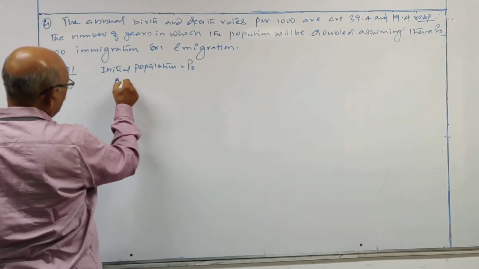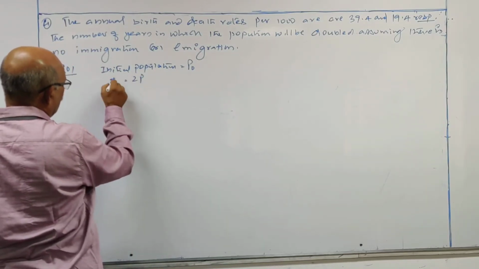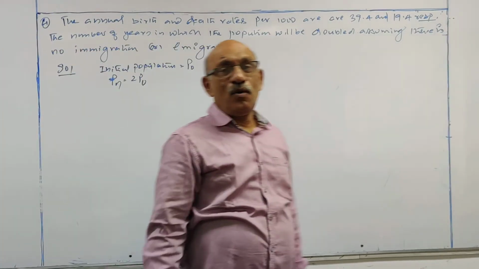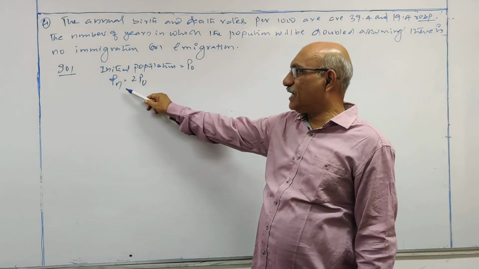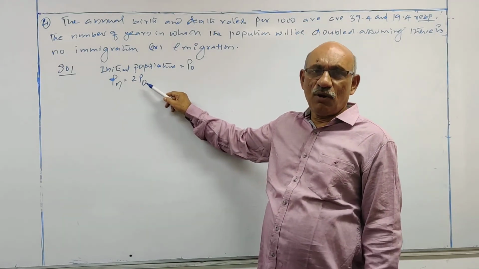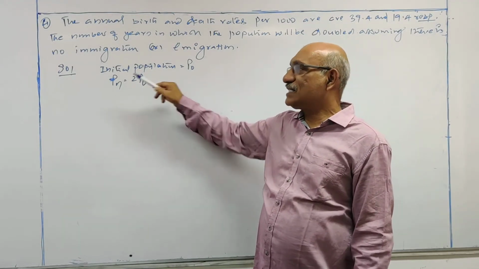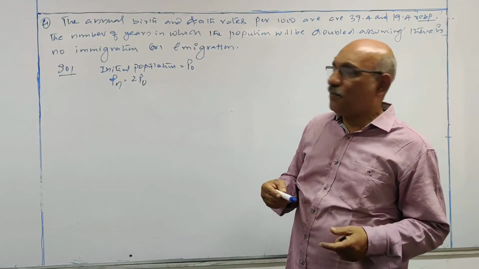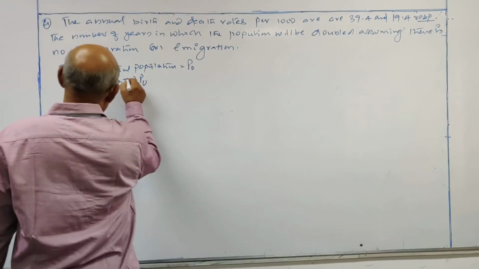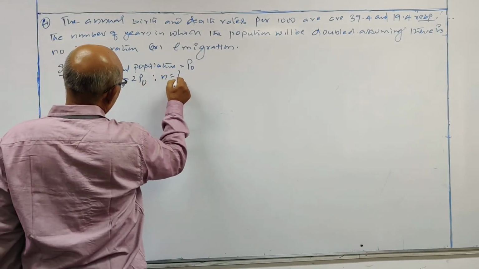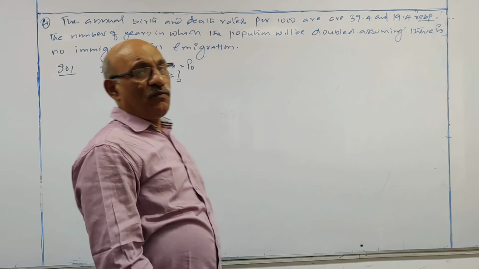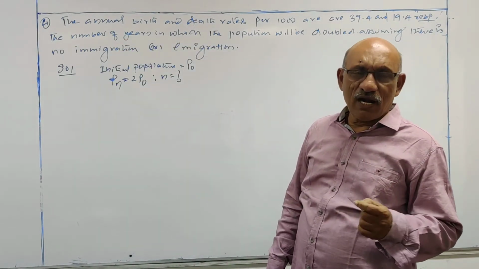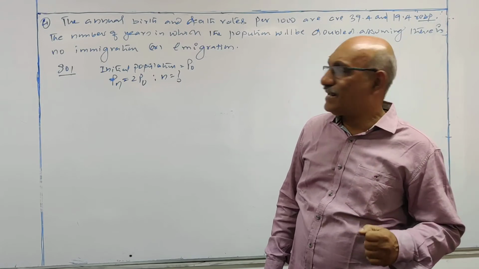Pn is equal to 2 into P0: the population at the end of nth year is 2 times the population at the beginning. n stands for the number of years required to double the population. Now n is equal to question mark. One more point is not given straight away, but we can calculate that.